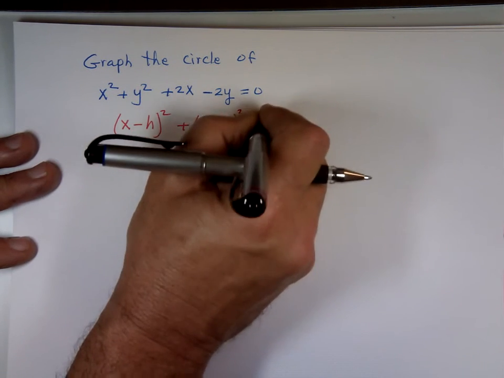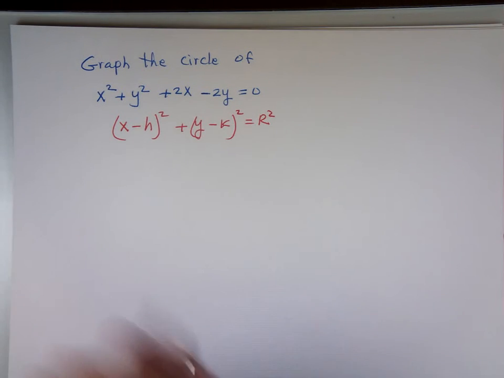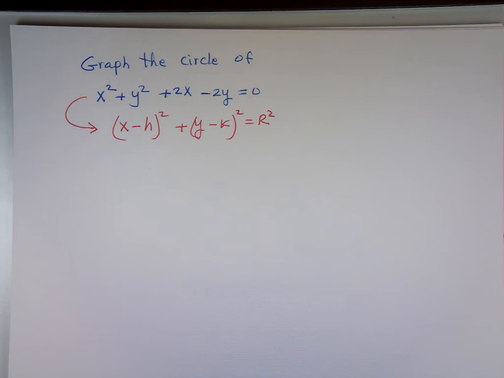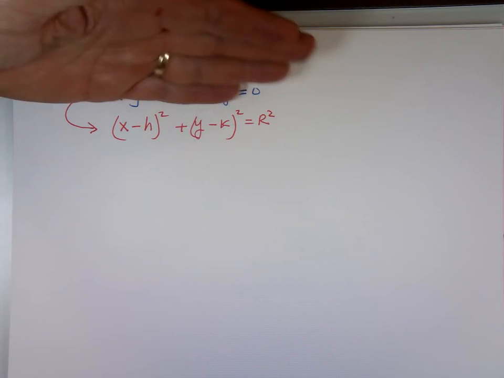I need to somehow take this and make it look like this. And next to it write good luck. So how do we make this one look like this? How do we do it?